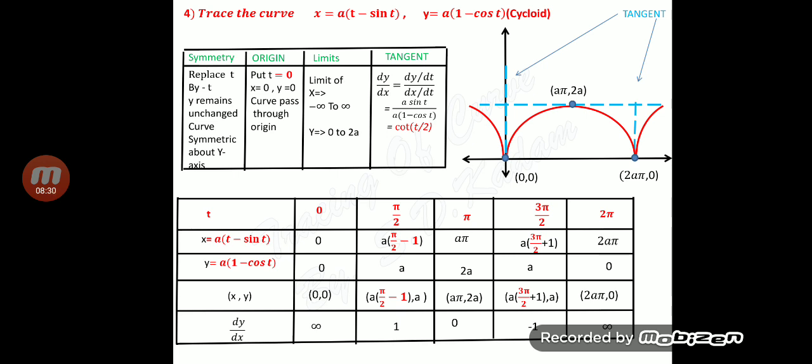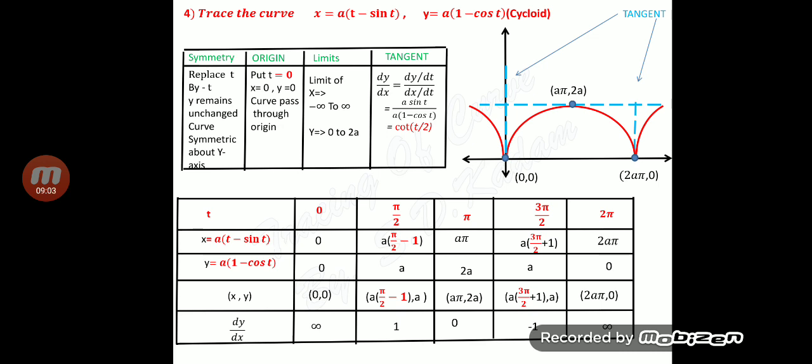Next, put these values of t in x, y and get the values of x and y. In this way we'll get our points (x, y), and similarly we can find the value of dy by dx by putting the values of t in the given expression for dy by dx. Okay, remember always at the time of tracing we have to consider three finite points only: first, third and fifth.